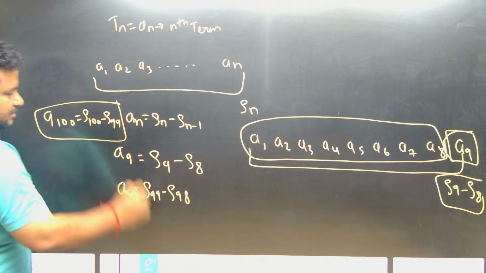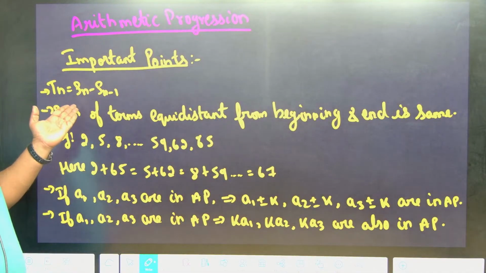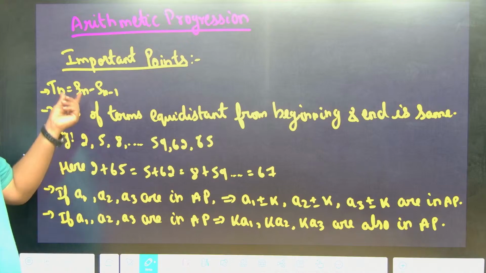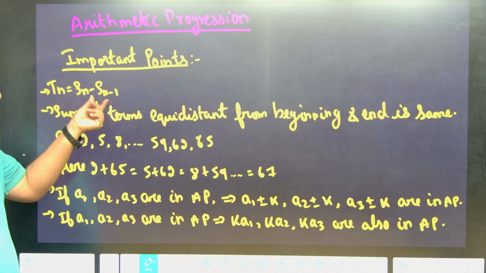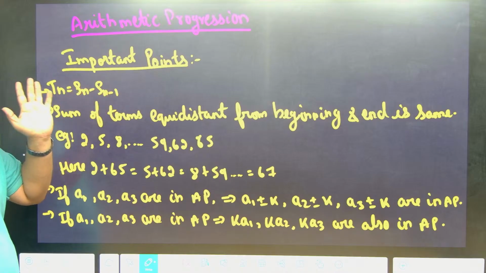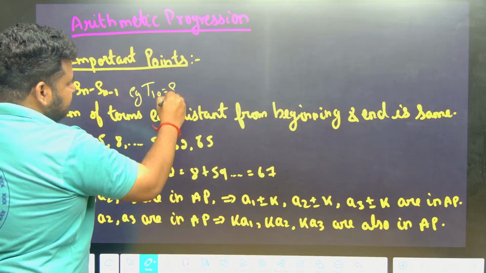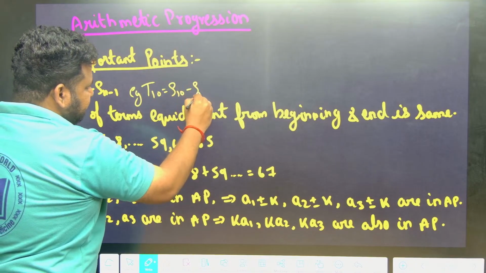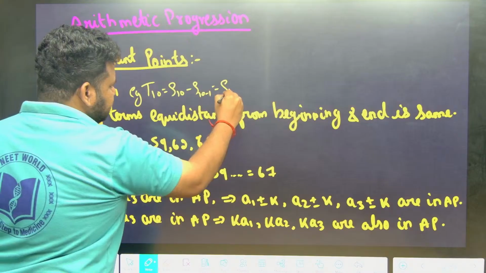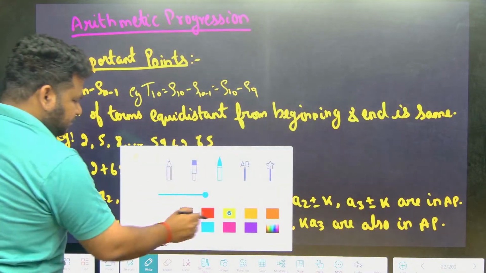That is the meaning of the concept here: Tn is equal to Sn minus S of n minus 1. For example, T10 can be written as S10 minus S of 10 minus 1, that is nothing but S10 minus S9.